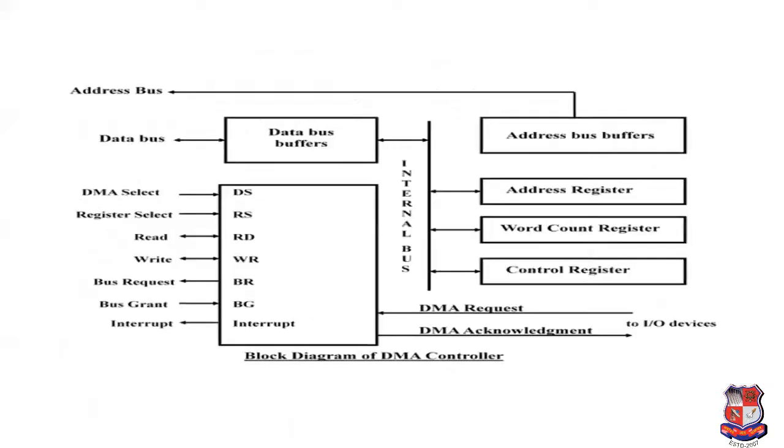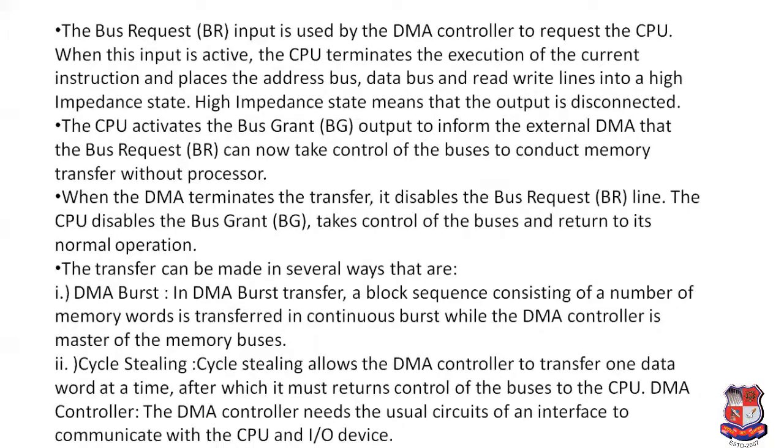When the DMA terminates the transfer, it disables the bus request line. The CPU disables the bus grant, takes control of the buses and returns to its normal operation. The transfer can be made in several ways, that are DMA burst and cycle stealing. What is DMA burst?